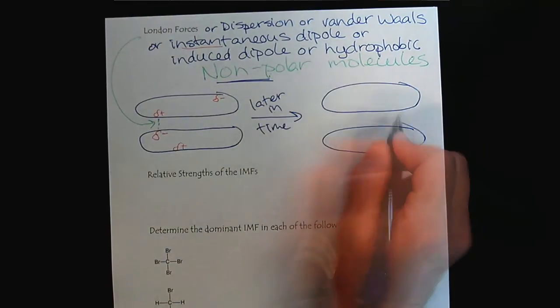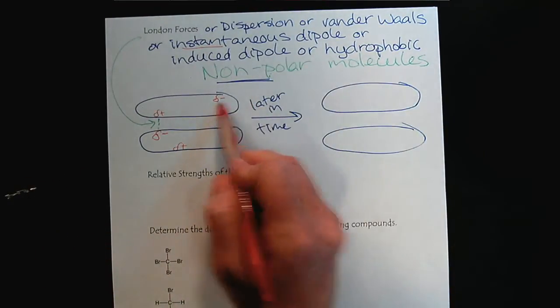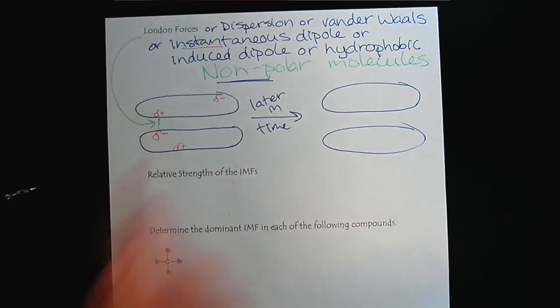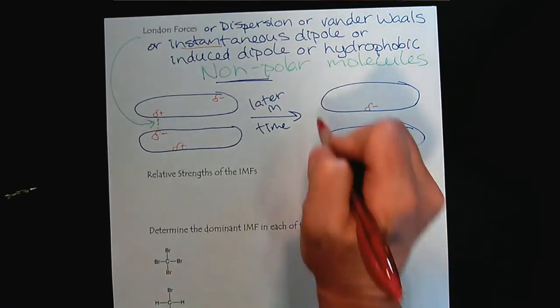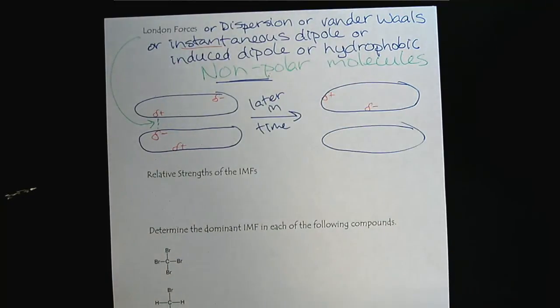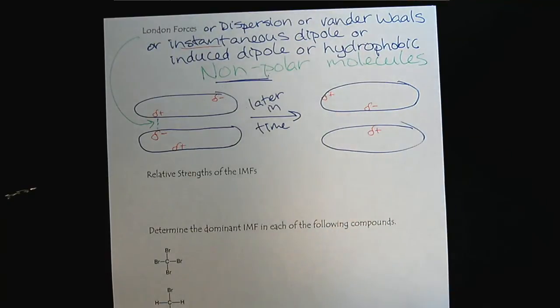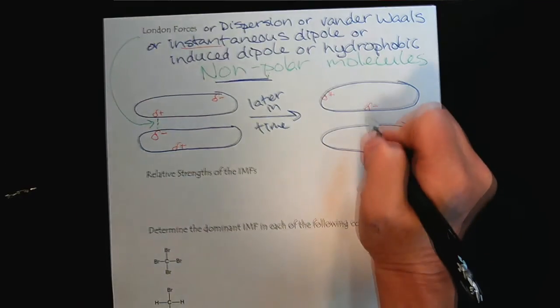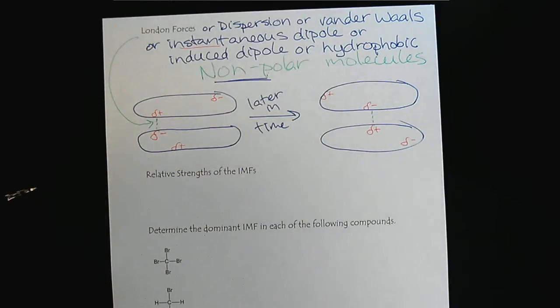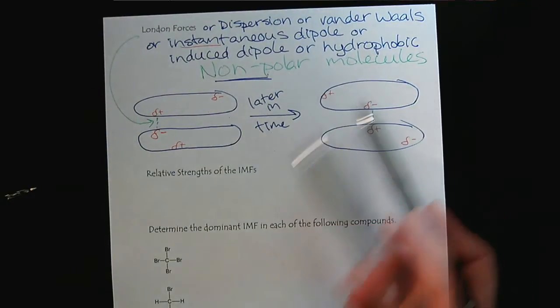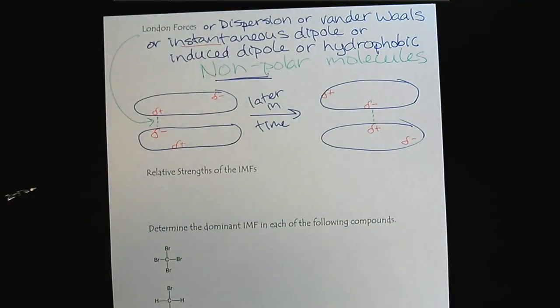Just because there was a partial negative here a while ago, that partial negative could have moved, and then maybe the partial positive's over here, and that would induce a dipole here that could end up with a partial negative there. Once again, we get a very weak, very temporary attraction between these nonpolar molecules. The larger they are, the more dominance this London force will have in keeping the molecules attracted to each other.